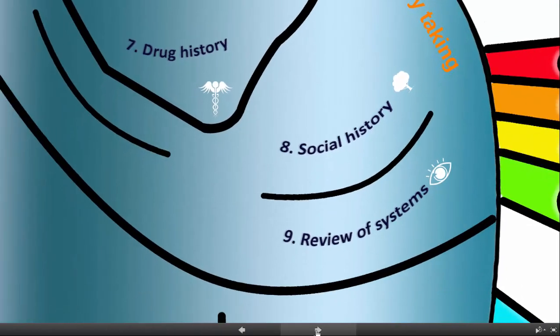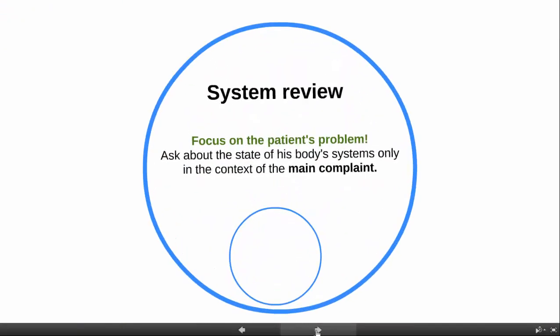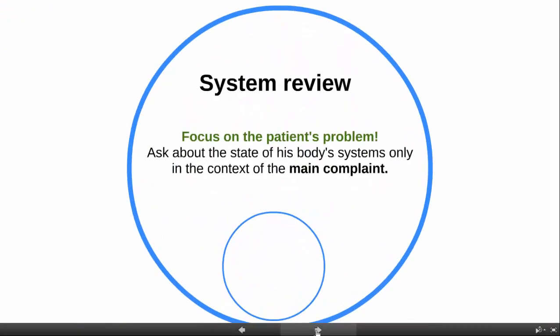And the final step on the head of the fish, which we call review of systems. System review is asking about different systems or organs and symptoms on them, focusing on the patient's problem, and accompanying systems and organs can be asked considering this main complaint.